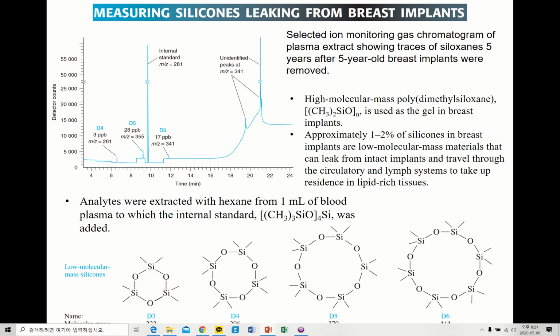Approximately 1 to 2% of silicones in breast implants are low molecular mass materials.